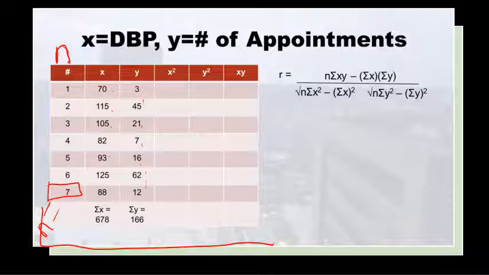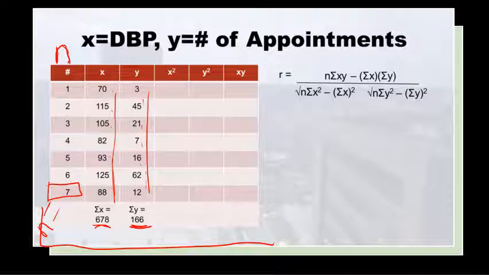So the easiest thing to do right here is go ahead and add all these up, and then add all these up. So our sum of the X's is going to be 678, and the sum of the Y's is going to be 166.